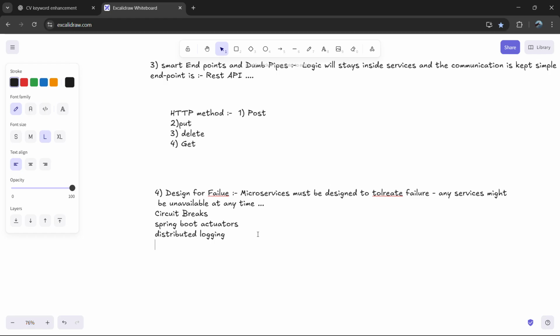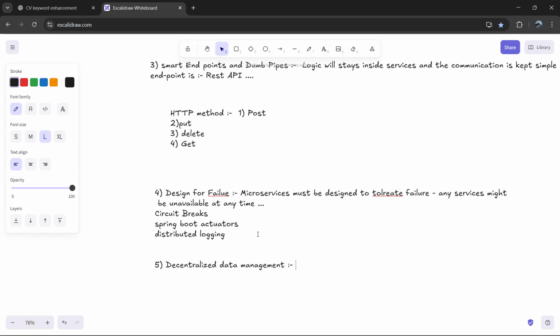So this is point 4. So the next point is decentralized data management. Okay, so what is this? What does this point say? Each microservice has its own database or data store, allowing teams to choose the most suitable solution for their service requirement.